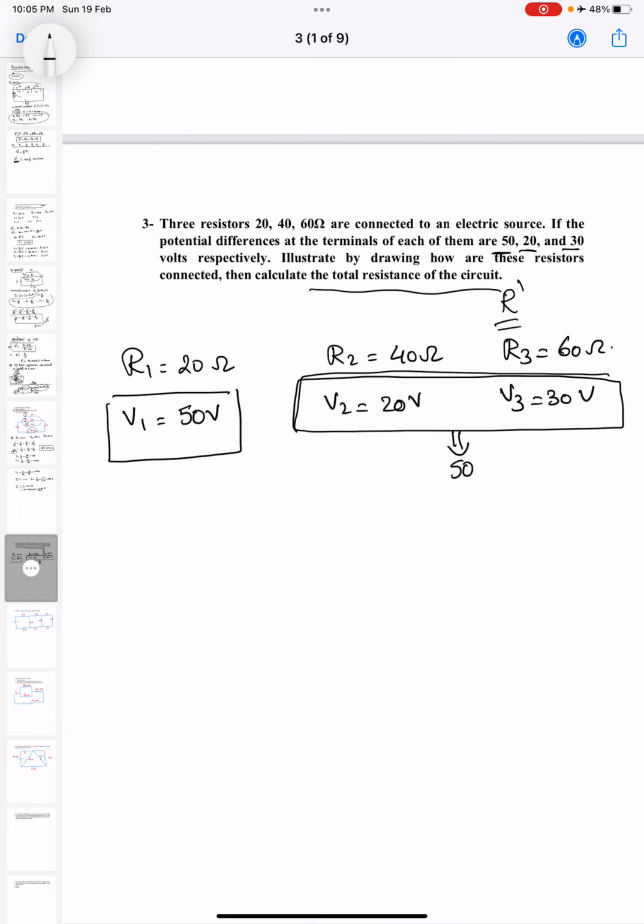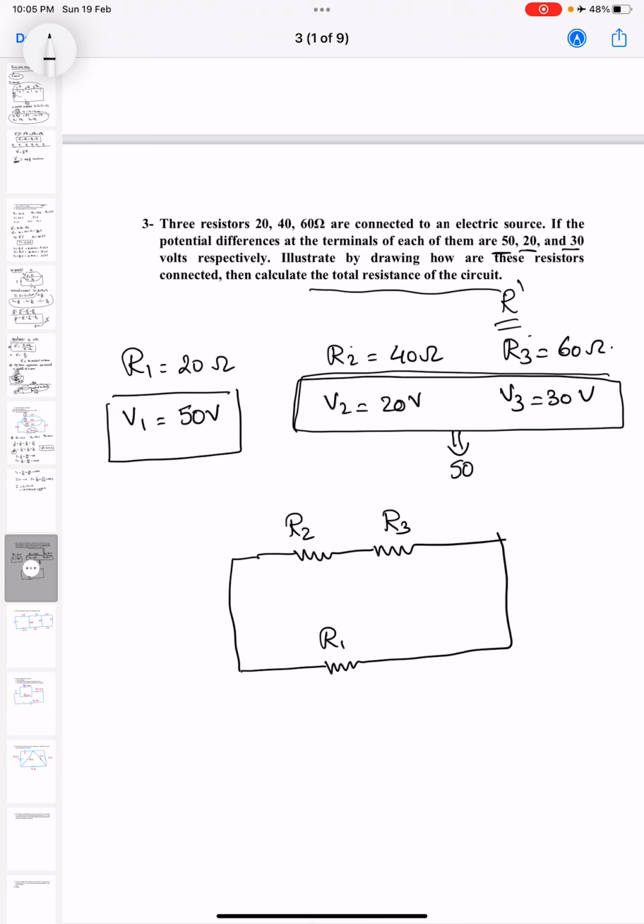Okay, so we can conclude both R2 and R3 are connected in series like that, and R1 is in parallel with them. Why? Because the potential on R1 must equal the total potential on R2 and R3. This is the drawing of the circuit.